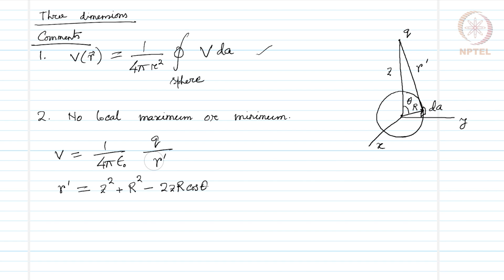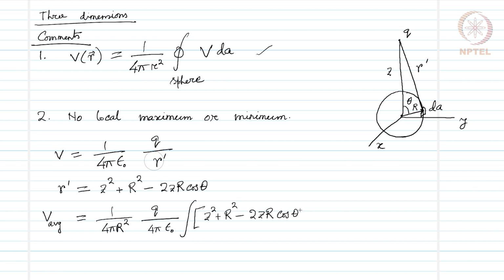And then V average, the average potential, is 1 over 4 pi r squared, q over 4 pi epsilon naught, integration of z squared plus r squared minus 2zr cosine of theta, square root of this quantity.